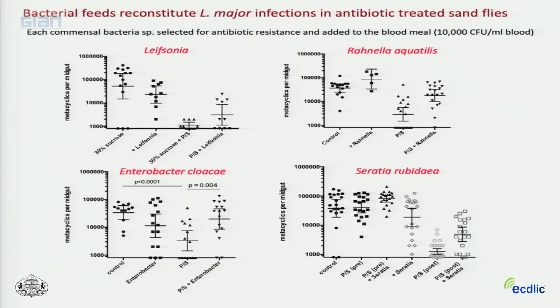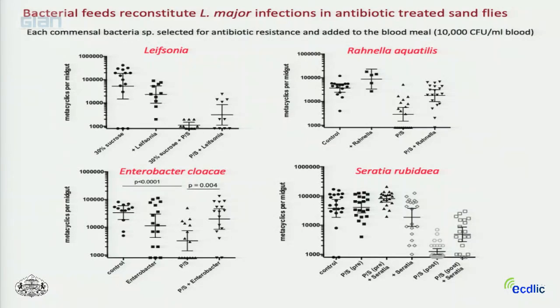Well, what we did find was that if we took our antibiotic-treated flies that did not permit the development of the proper numbers of metacyclics in the anterior gut, and we fed those antibiotic-treated flies on bacterial populations from the normal gut flora that we made resistant to the antibiotic, either Leishmania, Rhinella species, Enterobacter, Serratia.